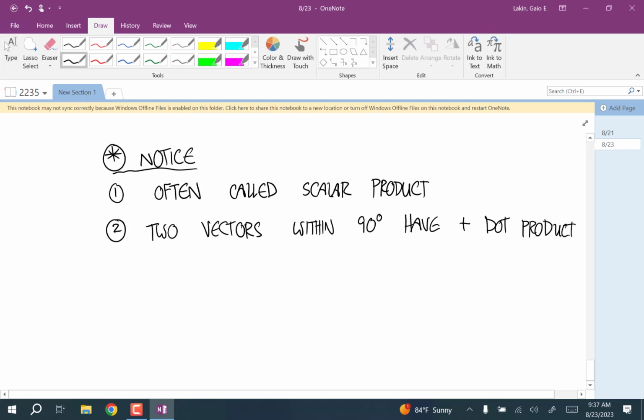So, for example, if you had a vector like this, and you took the dot product with a vector like this, you can see that those are less than 90 degrees apart if you put them tail to tail. And so this would give a positive dot product.